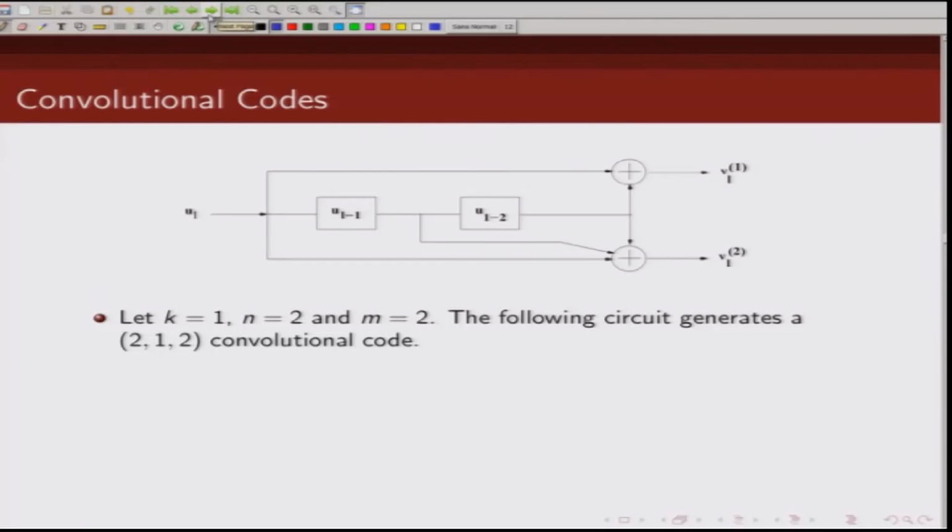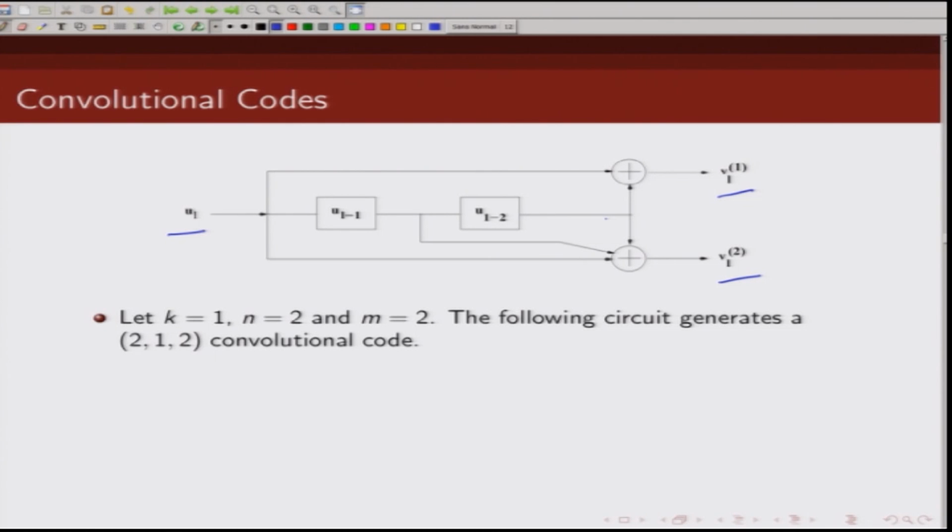So, let us take an example now of a convolutional code. Here we have one input and two outputs. The input we are denoting by u of l, and the outputs we are denoting by v of l 1 and v of l 2. Now, note here, each of the outputs not only depends on the current input, but it also depends on past values. It also depends on what u of l minus 1 was, and what u of l minus 2 was.